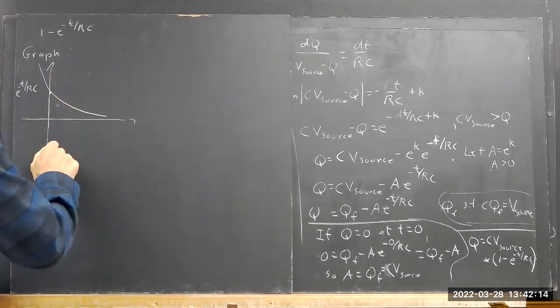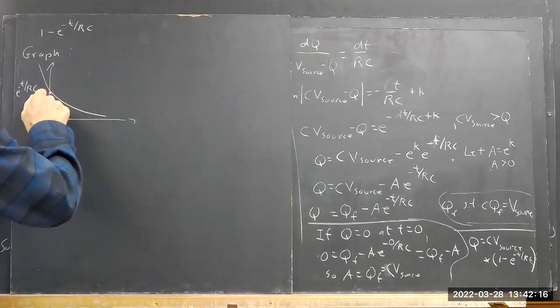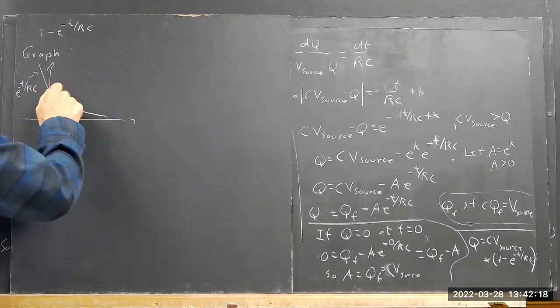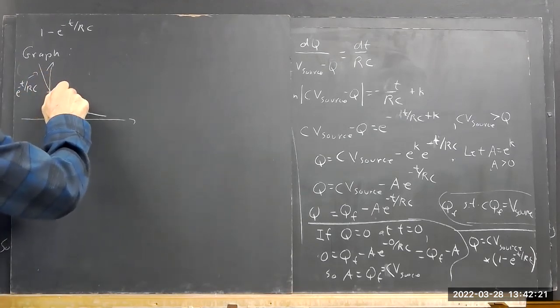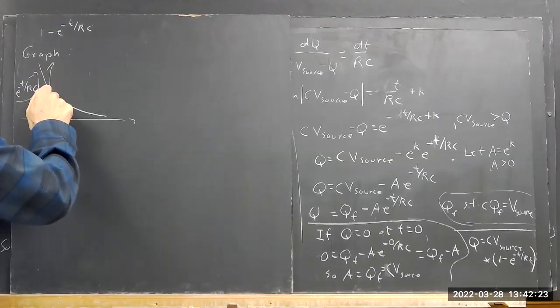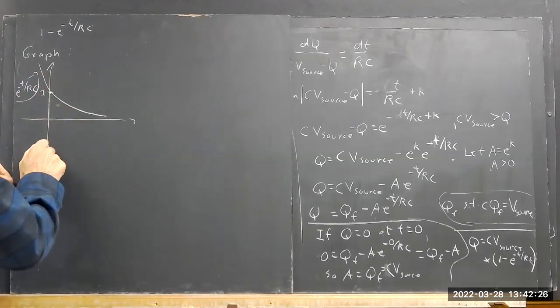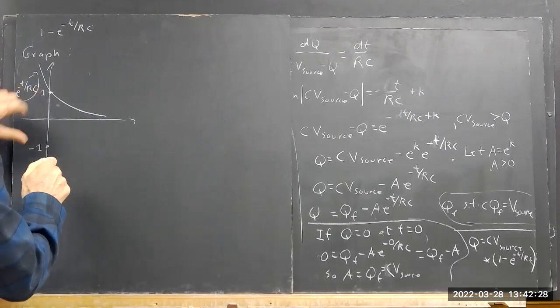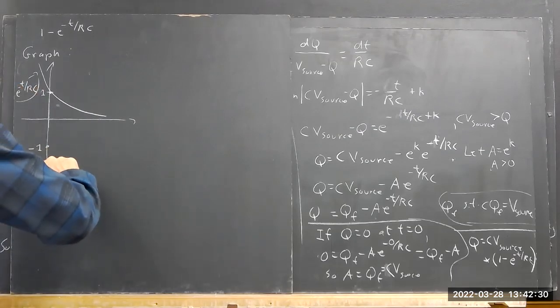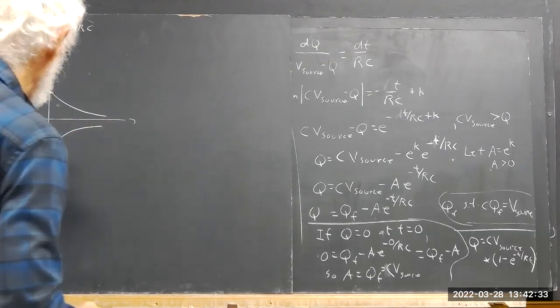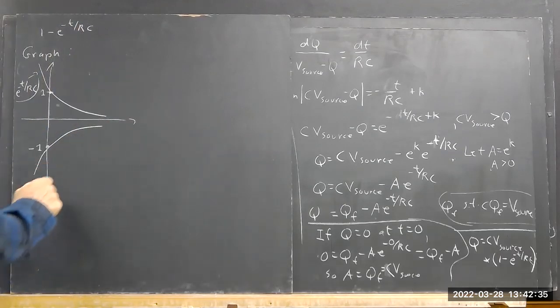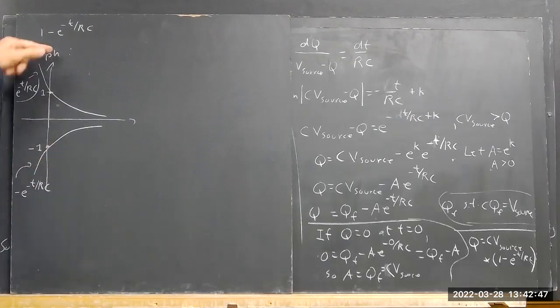So the negative, and this is 1. Negative t over RC is this. 1 minus e to the negative t over RC: you move this up 1 unit.